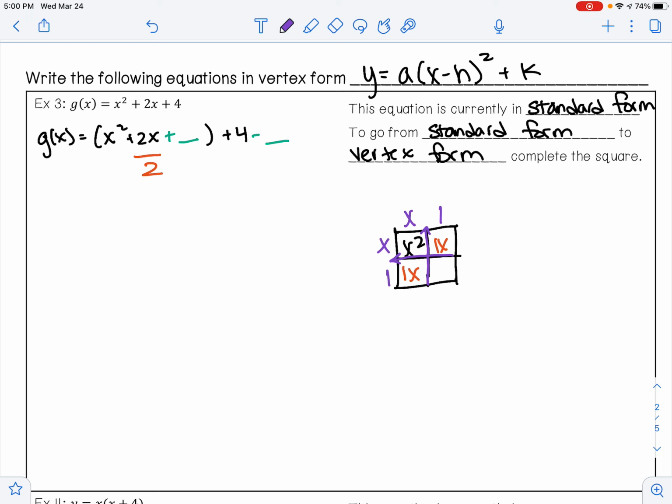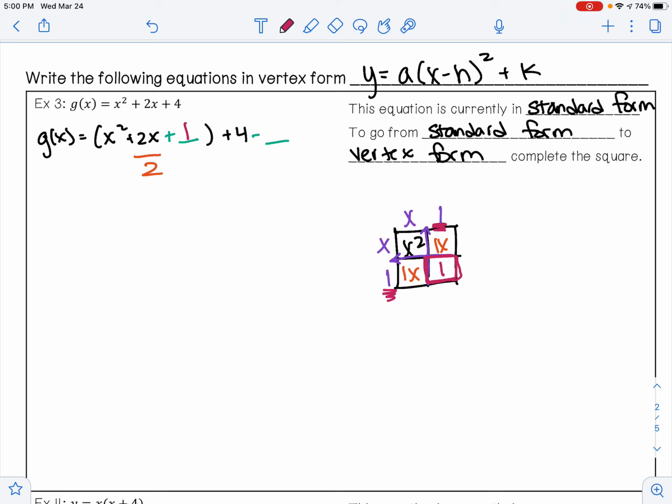And now we can literally complete the square by finding the number that goes here, and that will complete the shape of a square. To find the number that completes the square, we just need to do 1 times 1. 1 times 1 is 1. So 1 is the number that completes the square.